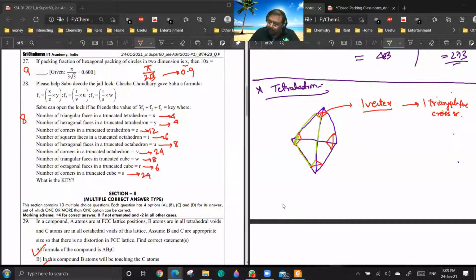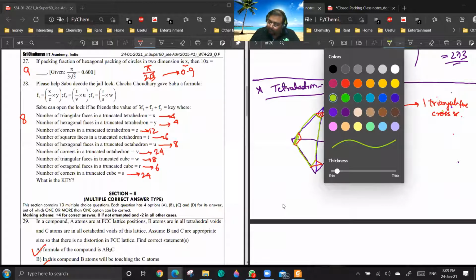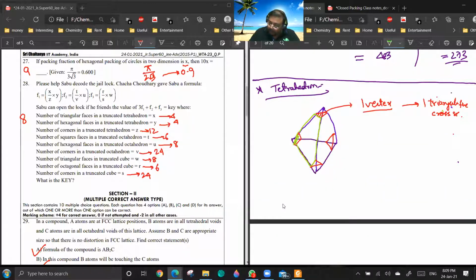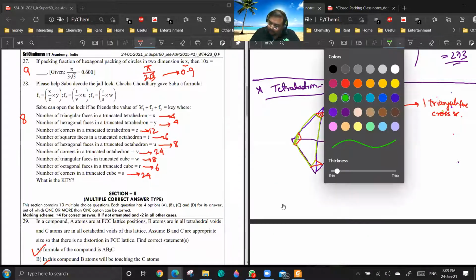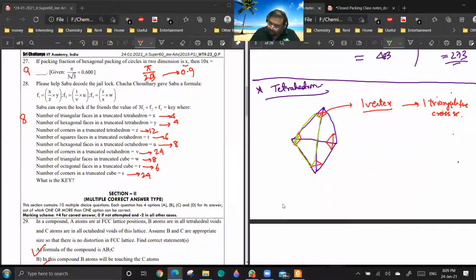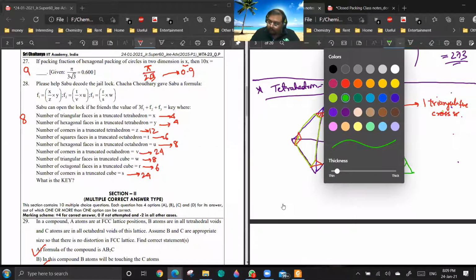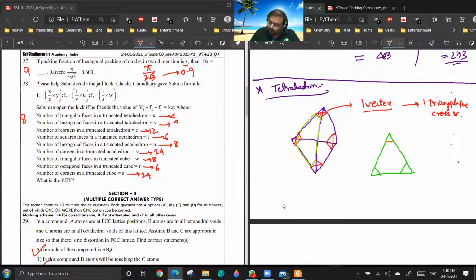Earlier it was a face. If you are seeing across a face, this is the initial face. Now you took a cut here, here, and here. Truncation means this only, no? So now what is left?